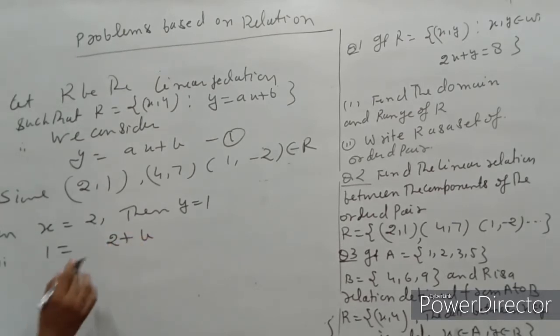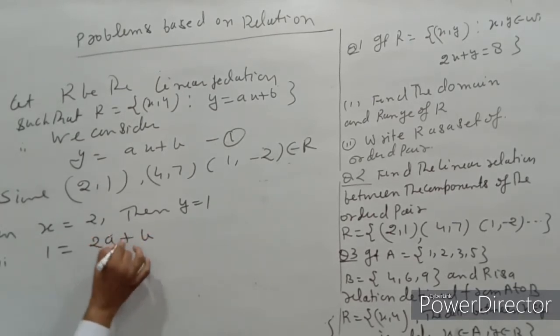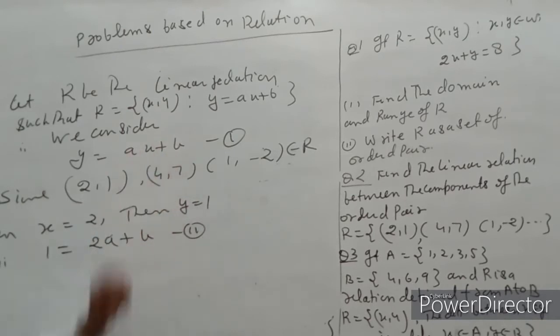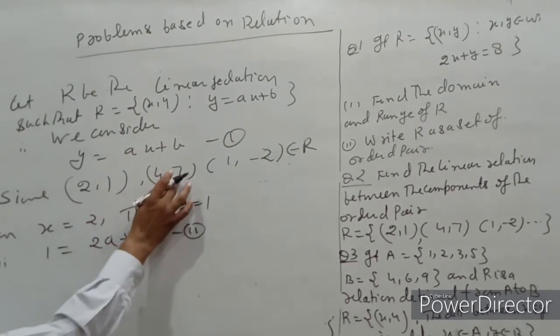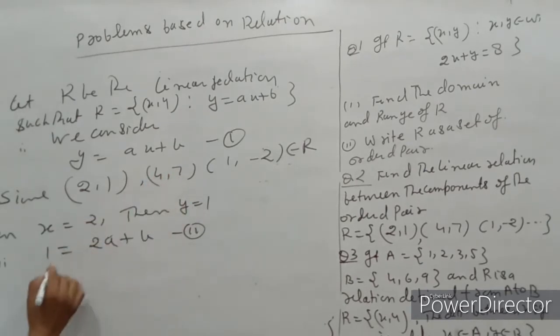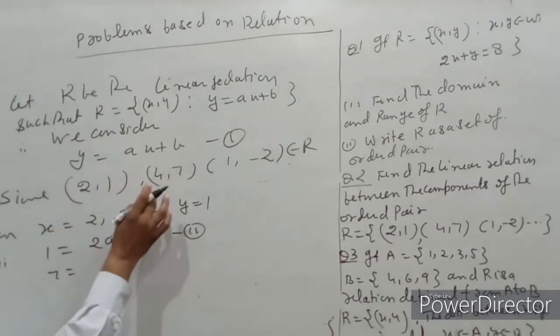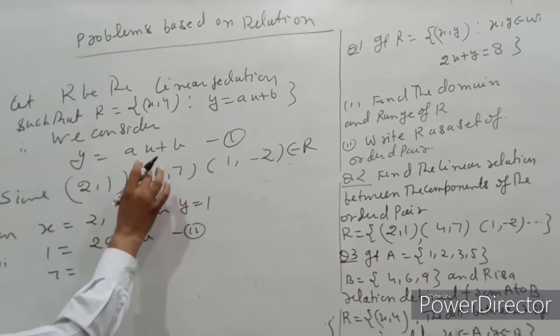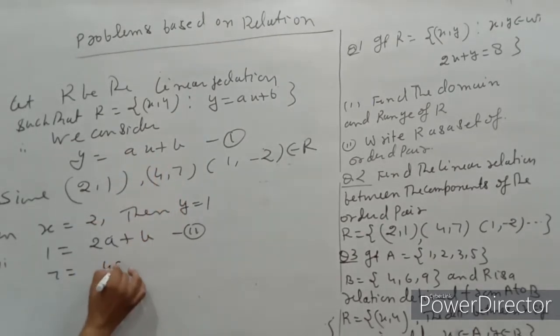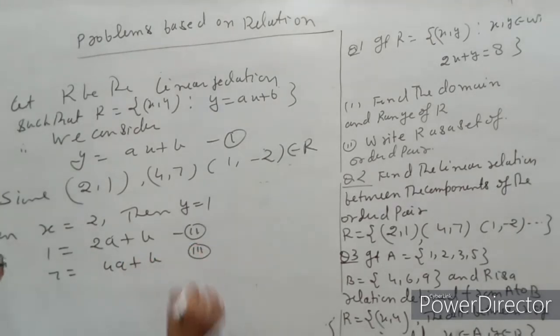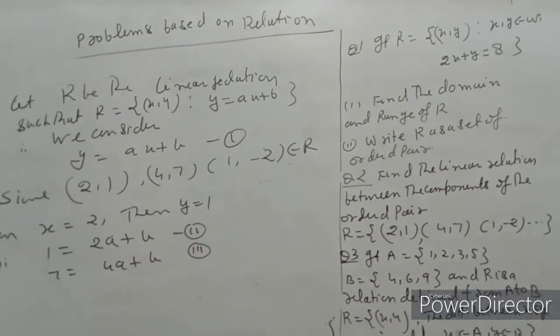This is equation number first. Also the second ordered pair belongs to R. So therefore x is equal to 4 and y is equal to 7, so 7 is equal to 4a plus b. This is equation number second.